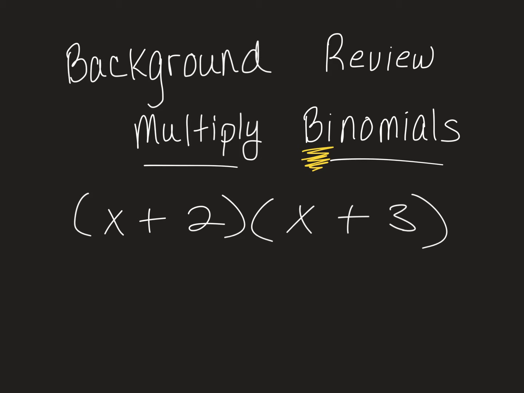We have the x plus 3, so that is a binomial because it has two terms. And the reason we know that we're multiplying them together is because in between the parentheses, there's no adding or subtracting. So those two parentheses just sitting next to each other imply that we're multiplying.